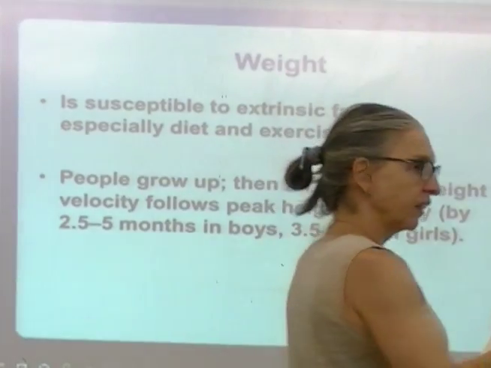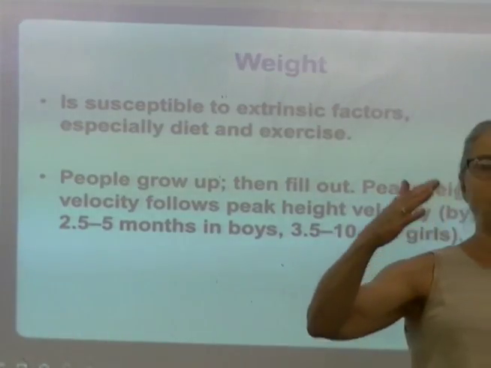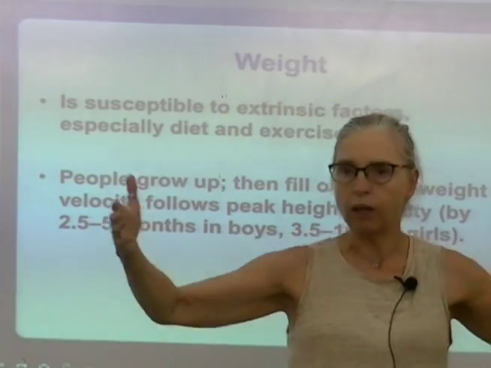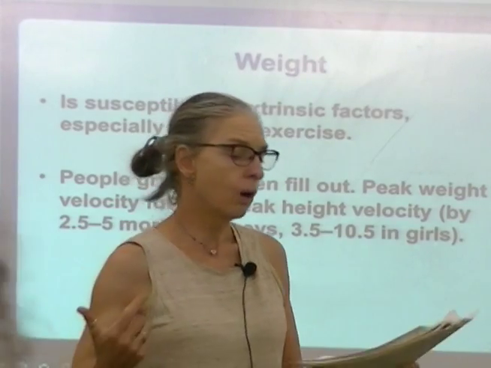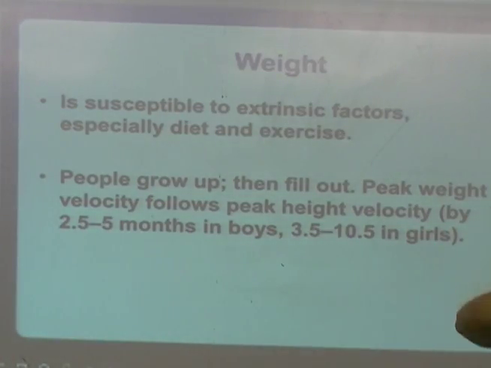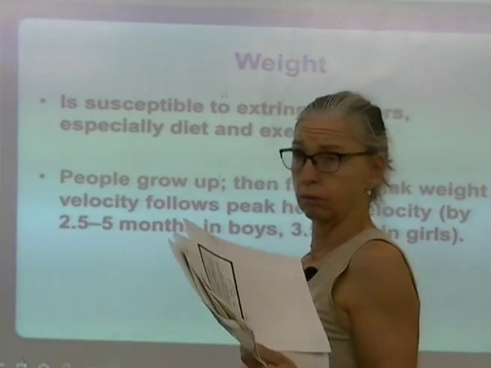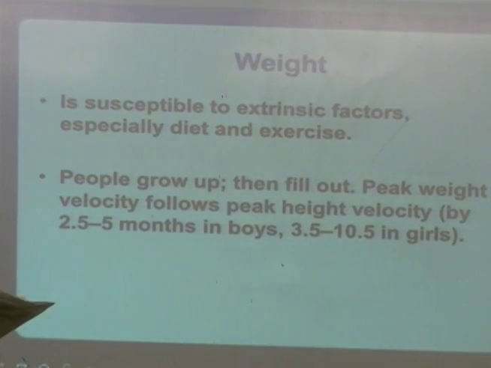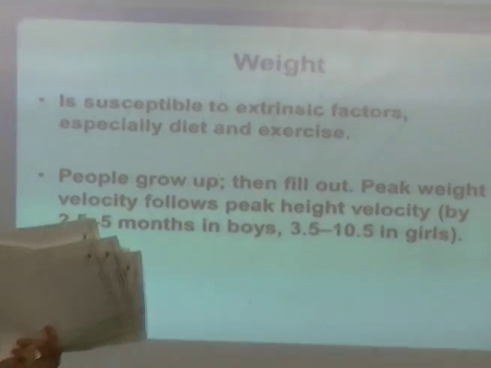And as we grow, the head proportionally gets smaller to the body. At birth, the head is about 1/4 of your body length. When you're an adult, your head is only about 1/8 of your body length.